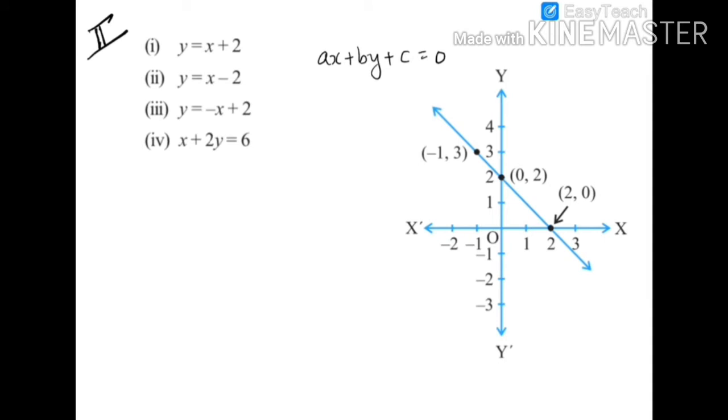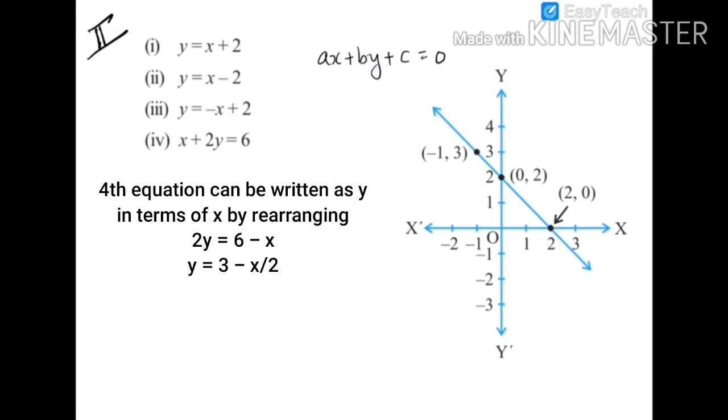Now in previous video class I had explained the constant term represents the distance of the point from the origin where the graph cuts the y-axis, when this equation is written as y in terms of x. Observe that y is on the left hand side and rest all of the terms are on the right hand side for the first three equations.